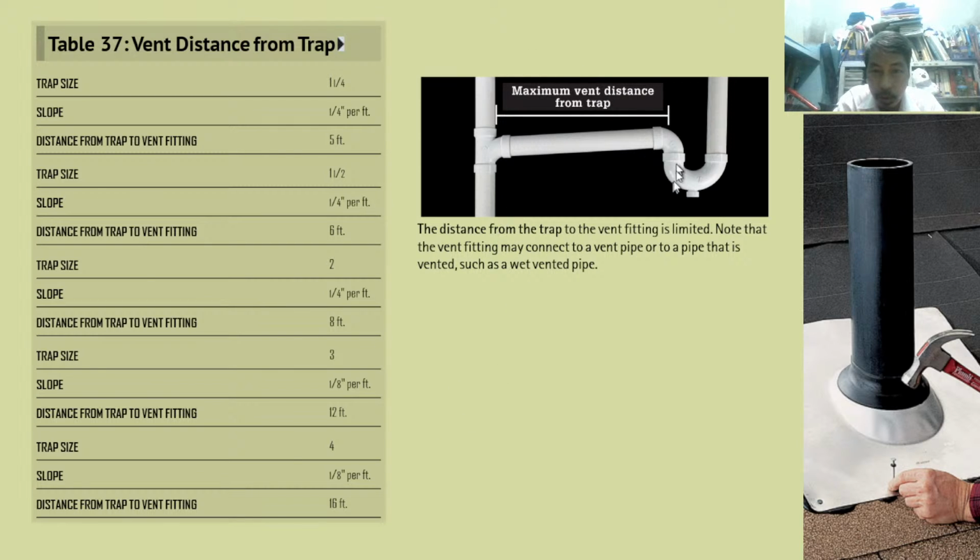So this is, for example, 4 inches diameter. So this maximum distance is only 16 feet. 16 feet from the trap to the vent pipe.